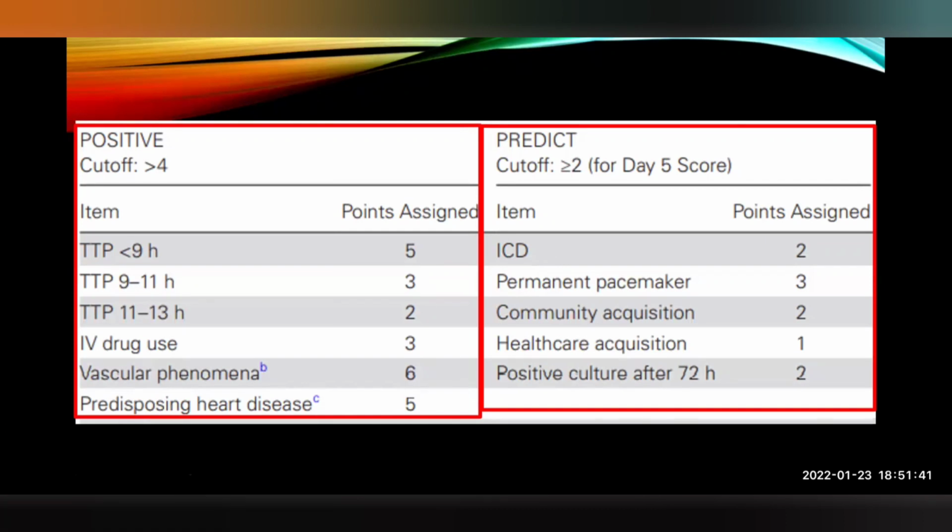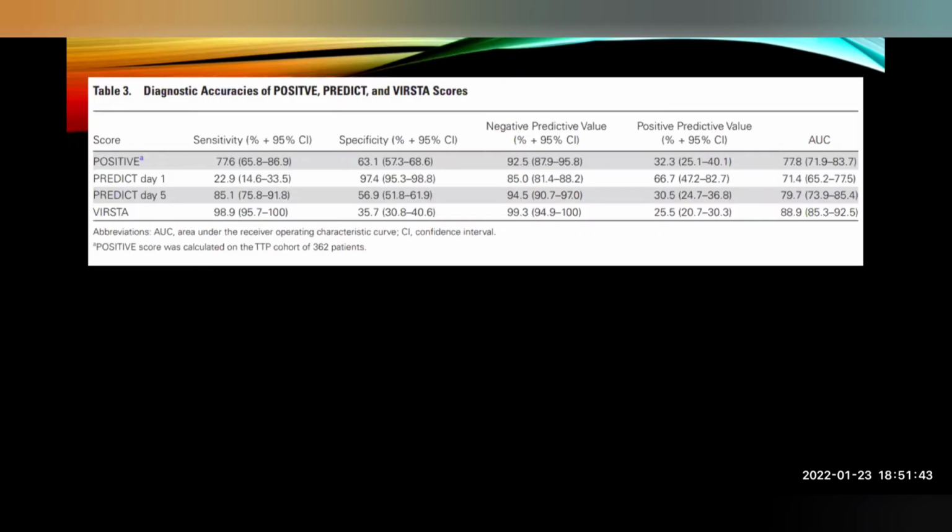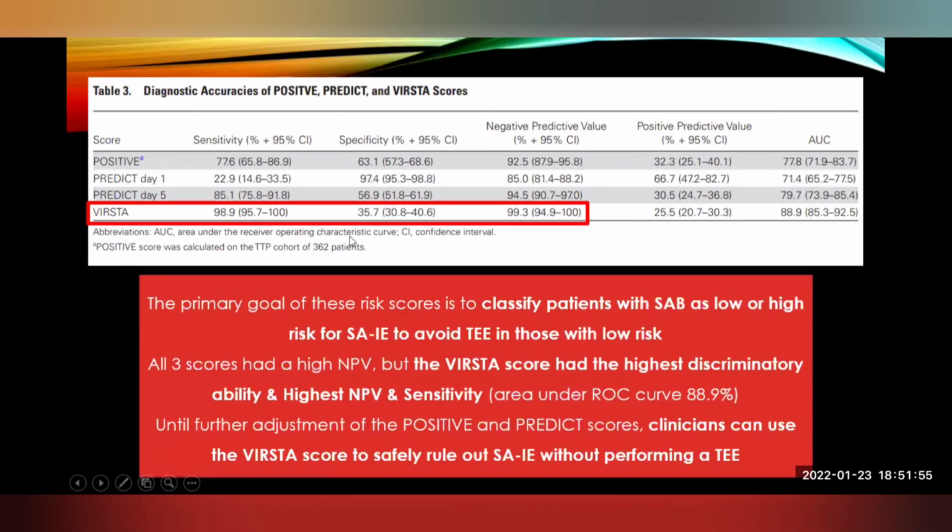So which of the scoring systems should I use? They have evaluated all these scoring systems in predicting infective endocarditis in Staphylococcus aureus bacteremia, and they have seen that the VIRSTA score has the highest negative predictive value. Basically, a scoring system is better if it has very good sensitivity and high negative predictive value, so that you are not unnecessarily avoiding the TEE.